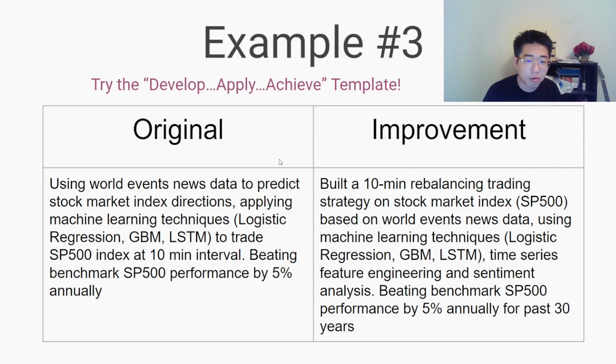Again, we're looking to improve it, even if it was already really good, right? We can always improve it a little bit more. So let's try to improve it a little bit. First of all, how we can improve this. So using world events news data, we didn't really say how we're using that, right? Because especially it's stock market, so maybe it's some time series, and that's a keyword that we can mention.